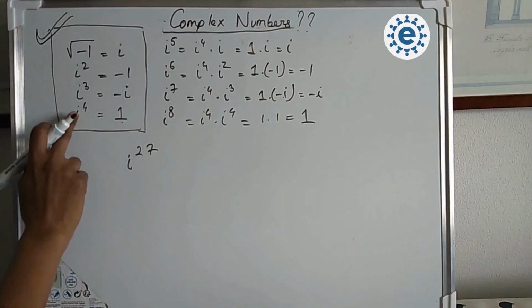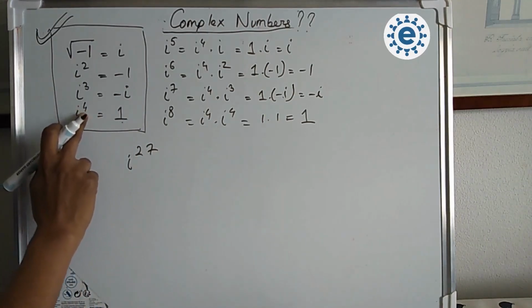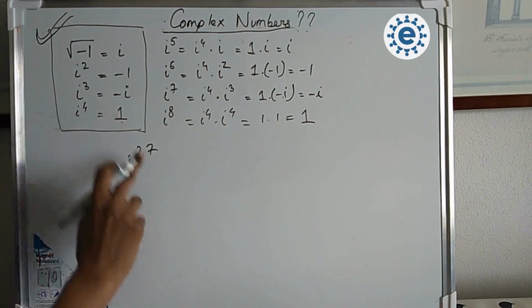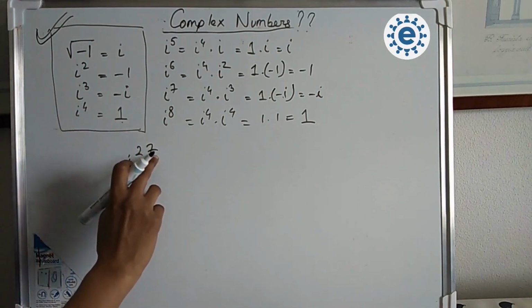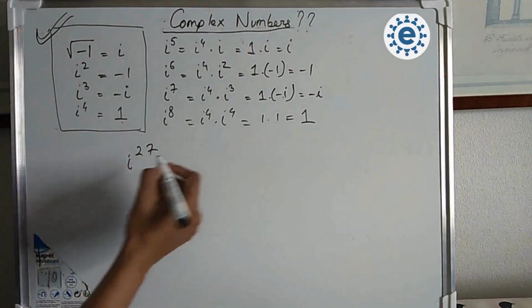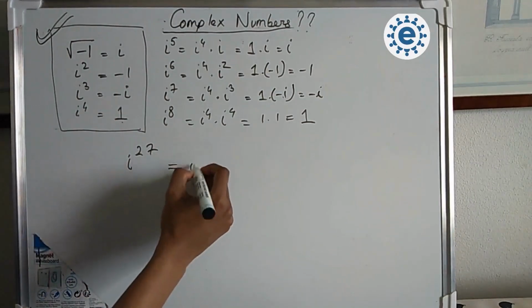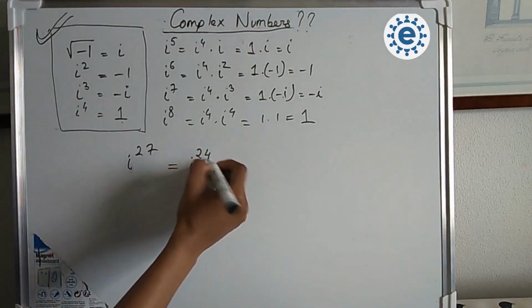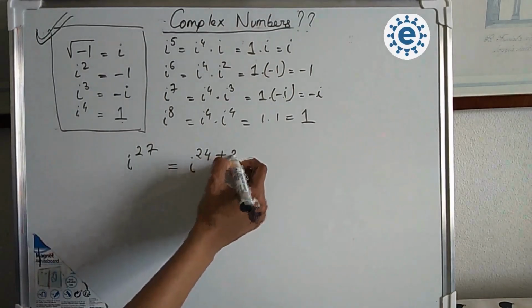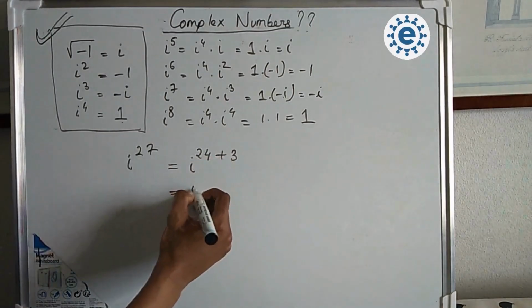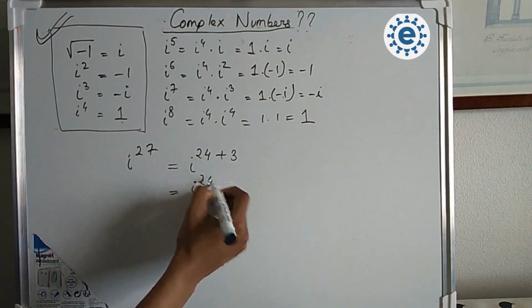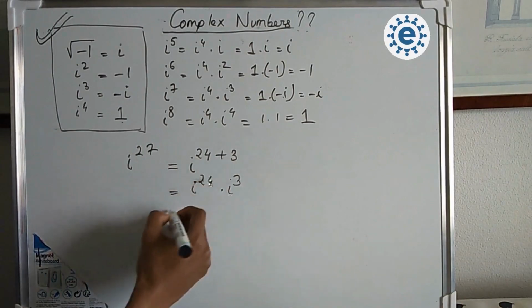Because we see that I4 is equal to 1. The nearest multiple of 4 is 24, and the rest is 3. So we will split this into I24 times I3.